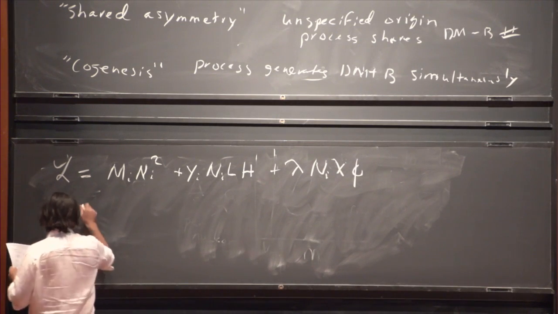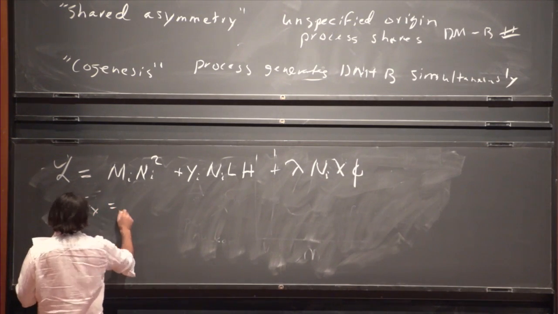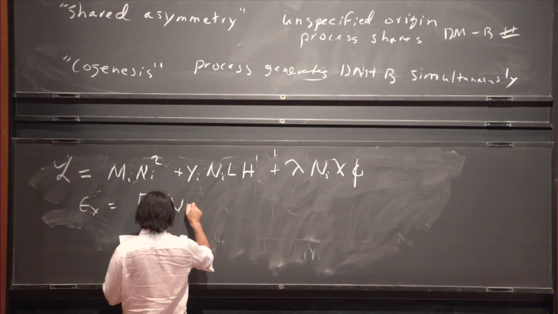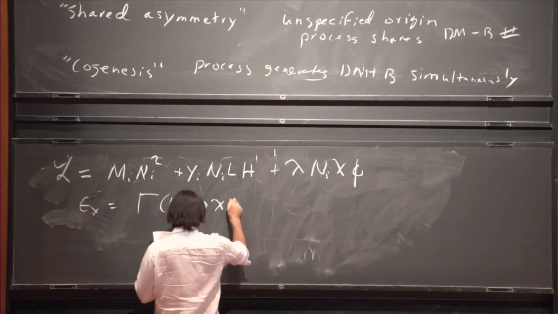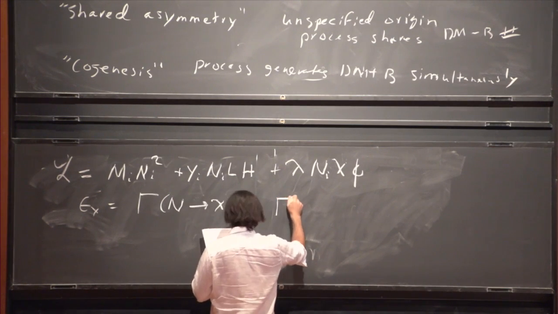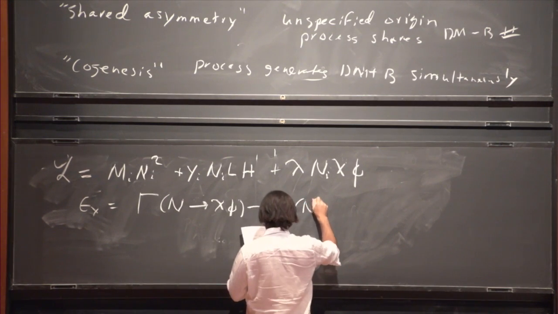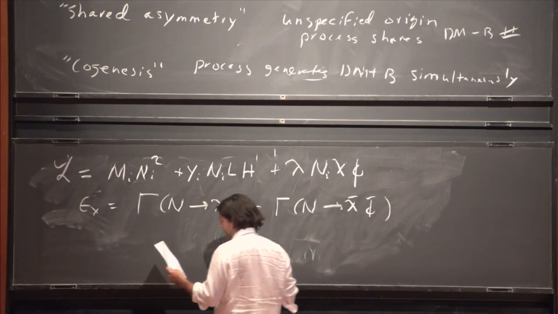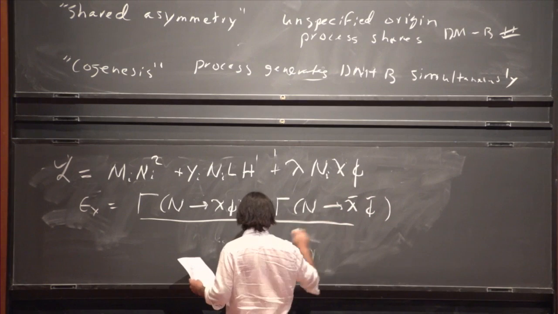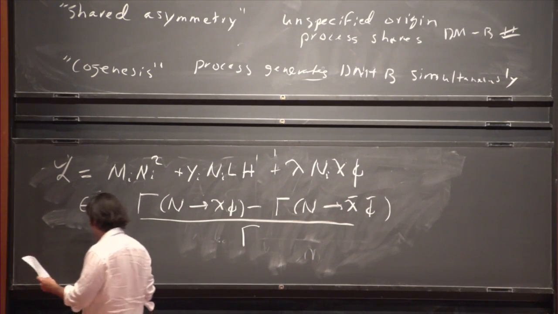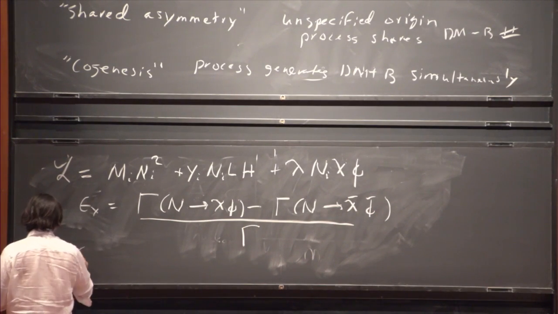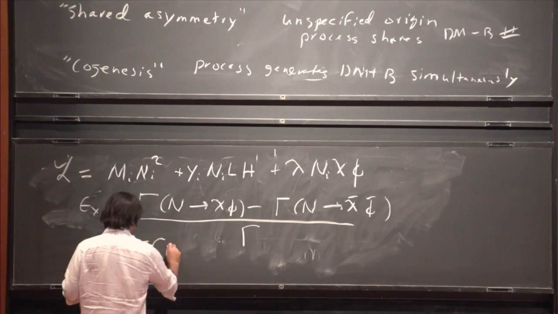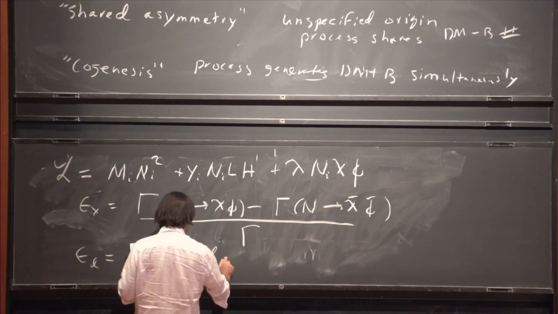Then you can calculate some asymmetry factor, which is the decay of N into chi phi minus the decay of N into chi bar phi bar, divided by the total. And you can calculate the similar number for decays into leptons.